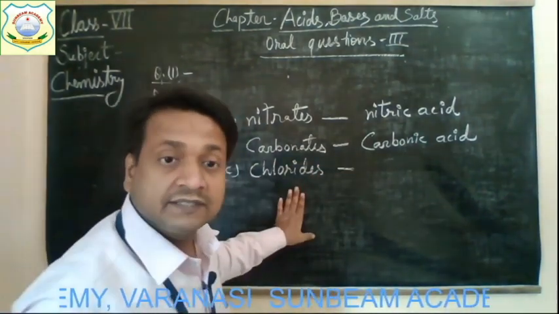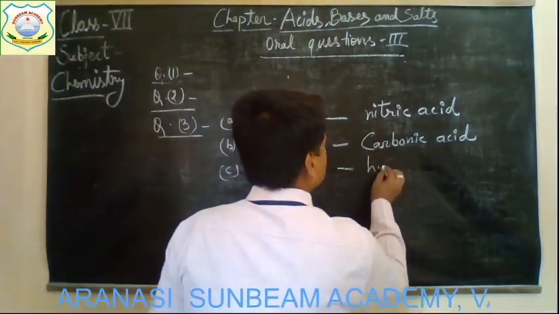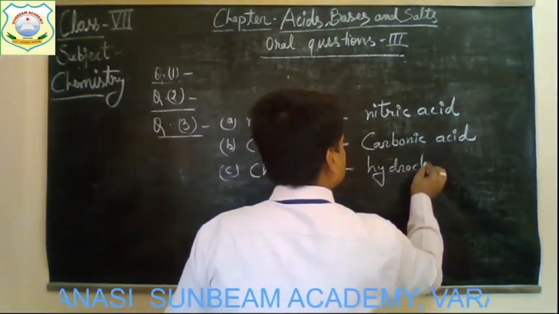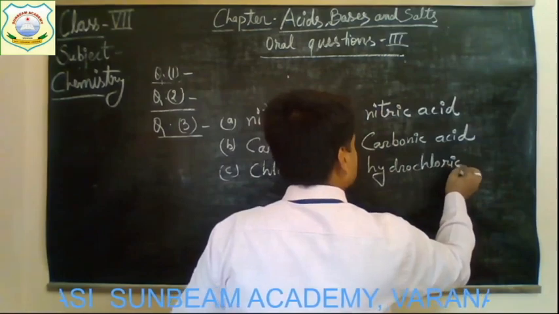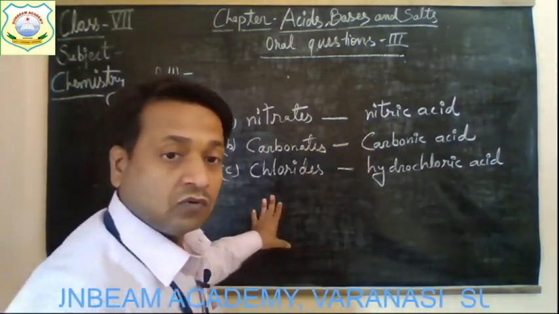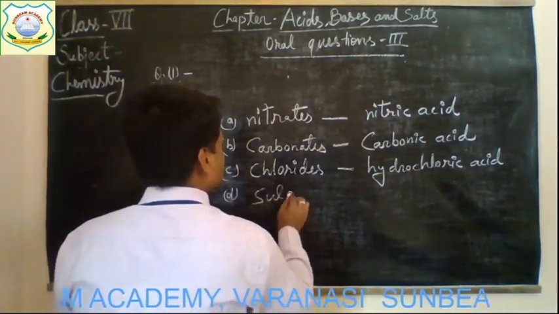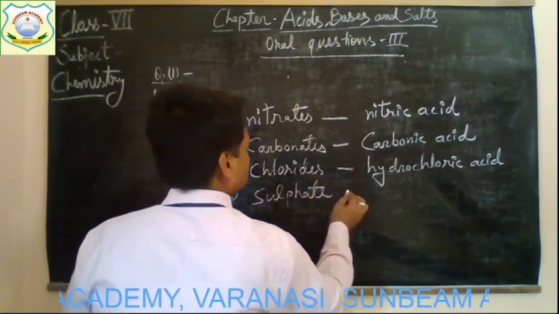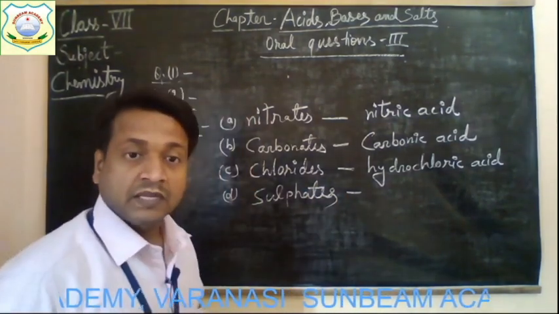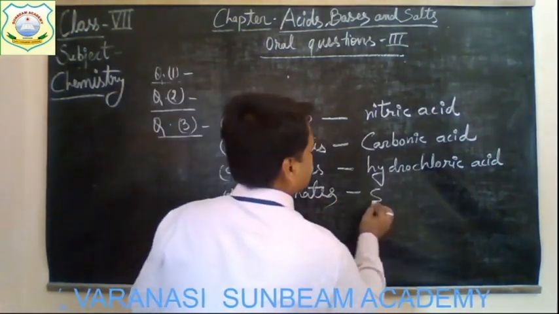And the chloride salts are obtained from hydrochloric acid. And the fourth one is sulfates. And sulfate salts are obtained from sulfuric acid.